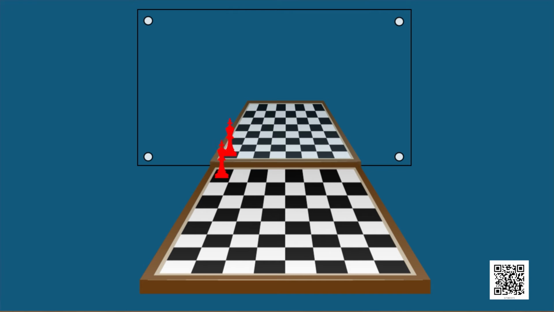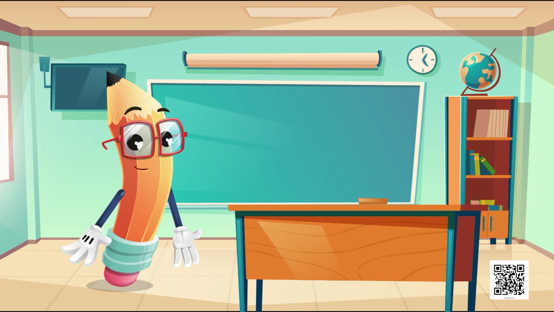Now change the position of the king piece. Did you find any relation between the distance of the image from the mirror and that of the object in front of it? Yes, children, you find that the image is at the same distance behind the mirror as the object is in front of it.